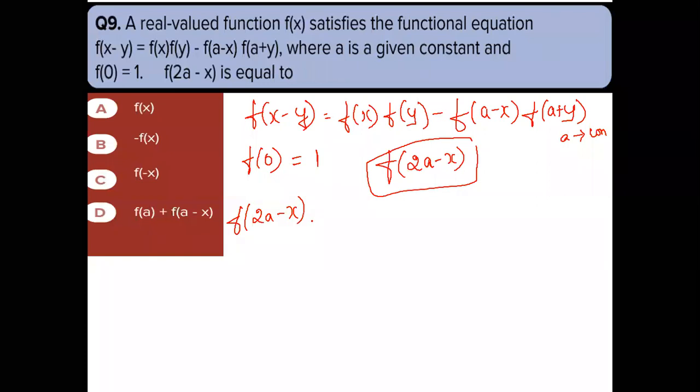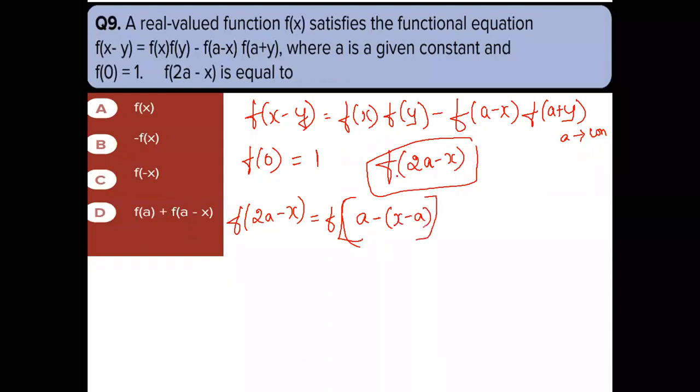Now what I'll do is write f of 2a minus x as f of a minus x minus a.